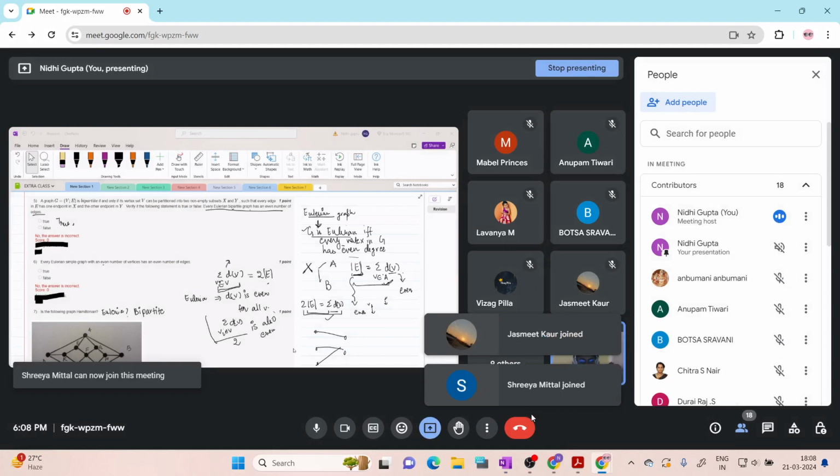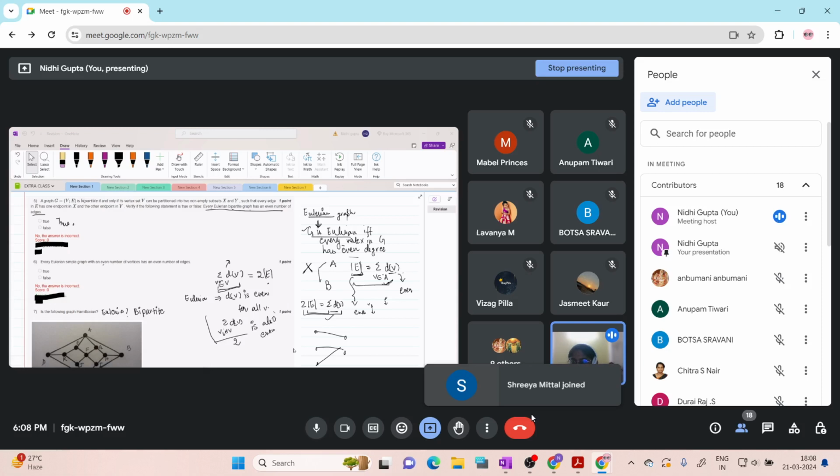So we are discussing question 6. It says that every Eulerian simple graph with an even number of vertices has an even number of edges. And we see that from the handshaking lemma we cannot prove this. So is it true or false? What do you think?